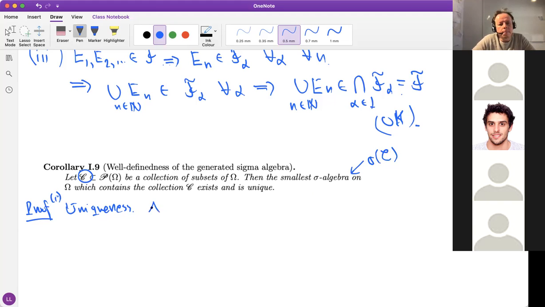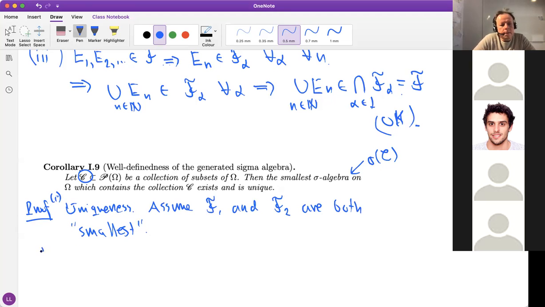So assume that we have F1 and F2 that are both smallest in the aforementioned sense.